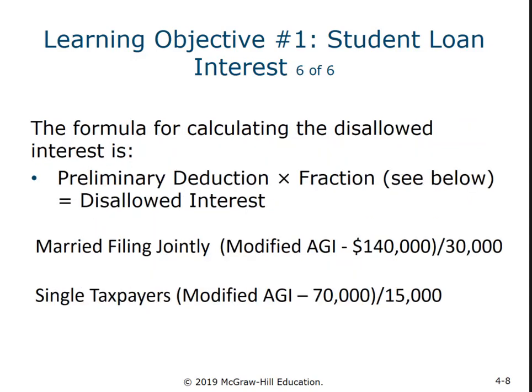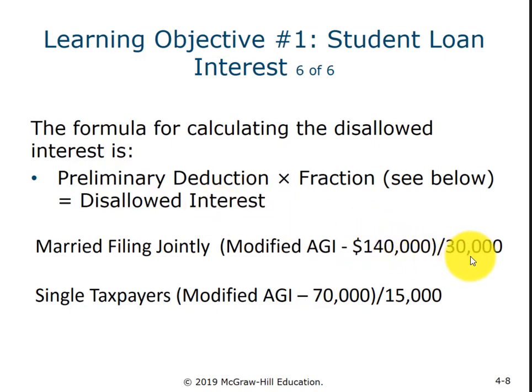Here is the formula to figure out how much is not allowed. Notice we're calculating here the amount that's disallowed. We take the amount that you paid up to $2,500 times this fraction. So notice that we take our modified AGI, we subtract the 140,000, and then divide it by 30,000. So at 170,000, this would be 30,000 divided by 30,000. All of it would be disallowed.